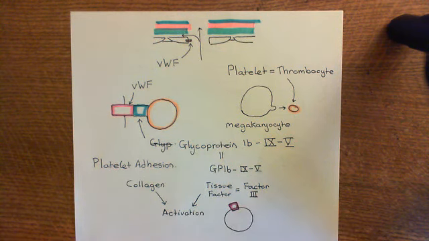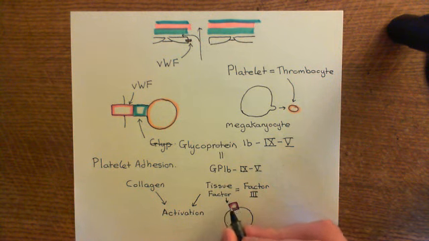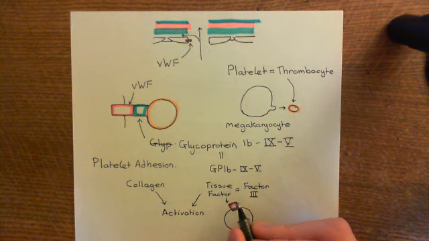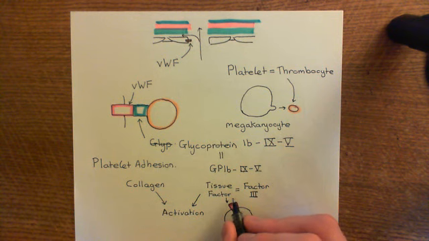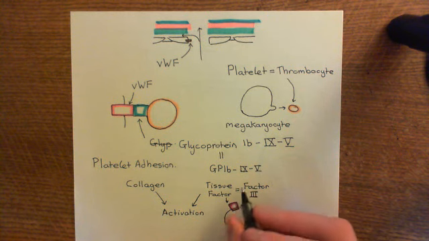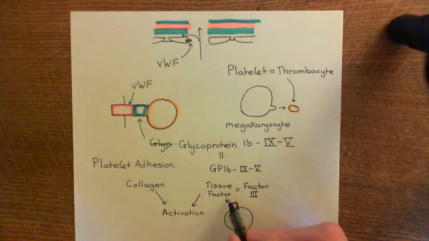So peripheral cells in the body have tissue factor on their cell surface membrane. Now, the apical membrane of the endothelial cells does not have tissue factor. In addition, the cells within the bloodstream do not have tissue factor. So platelets do not usually see tissue factor.